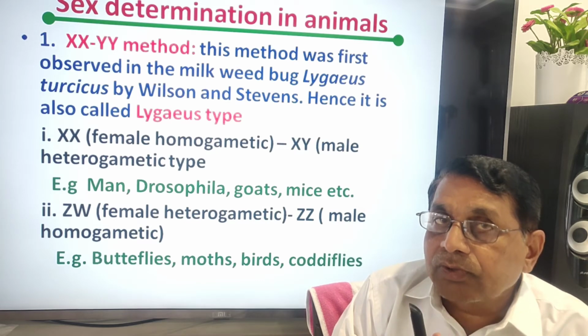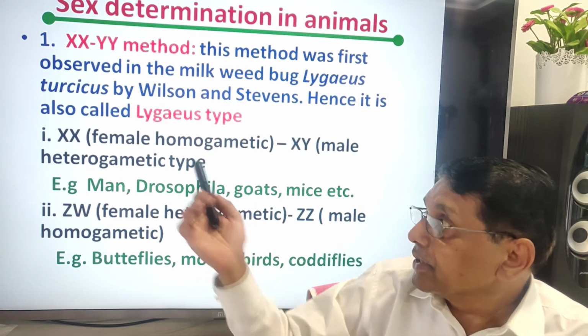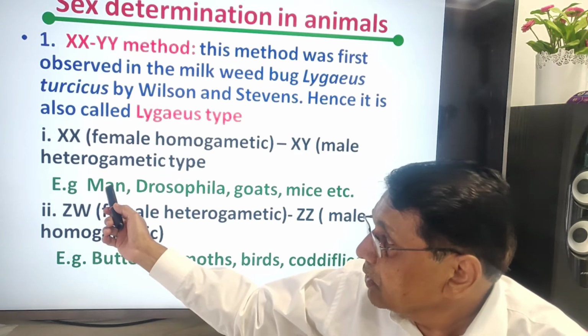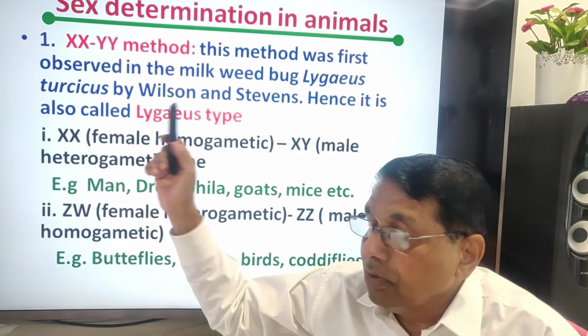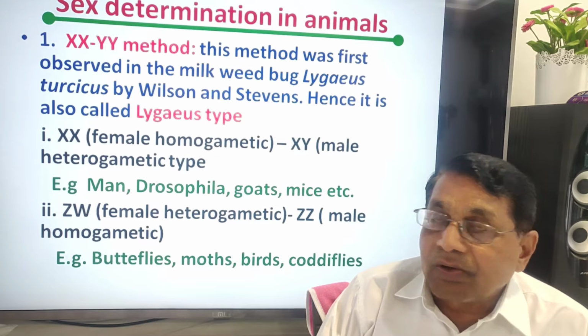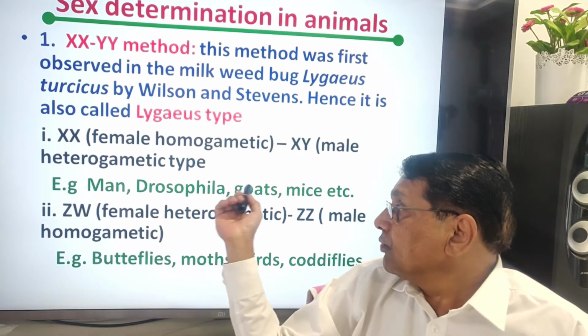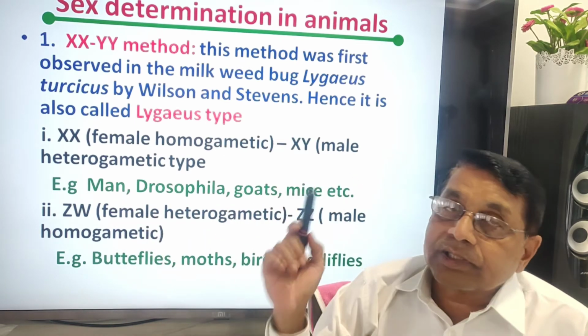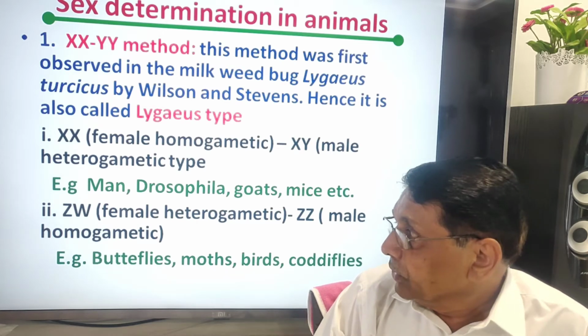Therefore, the XY chromosomes are heteromorphic, whereas XX are homomorphic. This type of sex chromosomes is found in man, Drosophila, goats, mice, etc., most of the mammals.